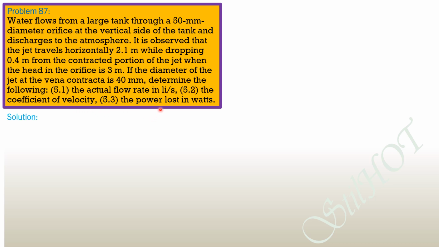So for the solution, knowing the diameter at the vena contracta, we can solve C sub C, and knowing the coordinates of the point where the jet travels, we have horizontal distance 2.1 meters, which is taken as x, and dropping 0.4 meter.